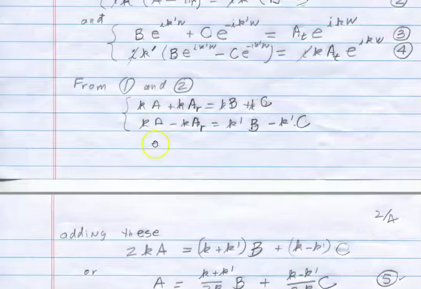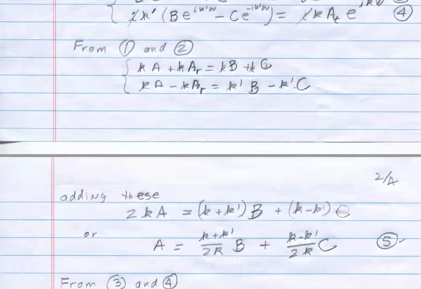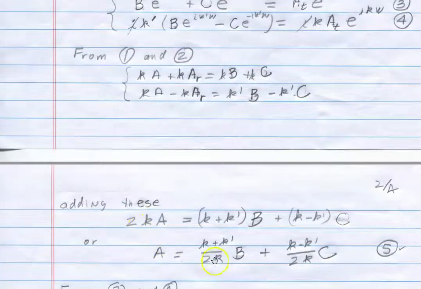In fact, when I add these two, I get 2kA on the left side, and over here I'll get k plus k prime times b, and k minus k prime times c. So I get that relation, and then finally I solve that for A. So A in terms of B and C are these.